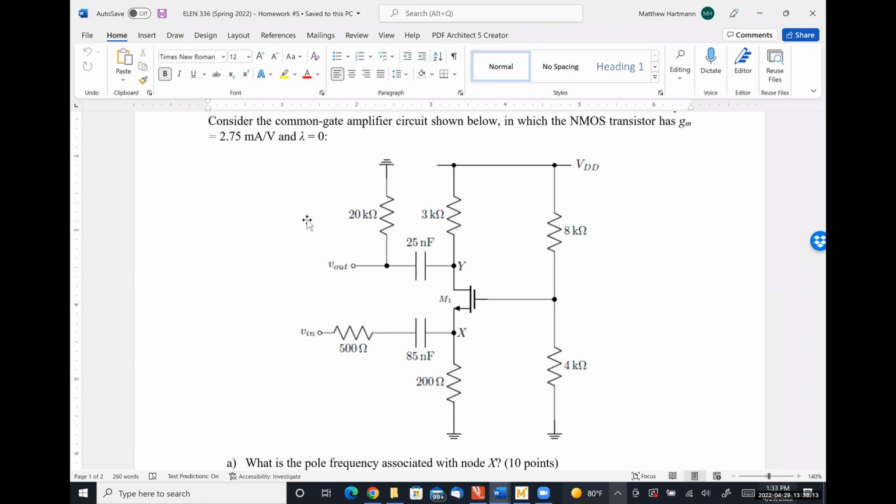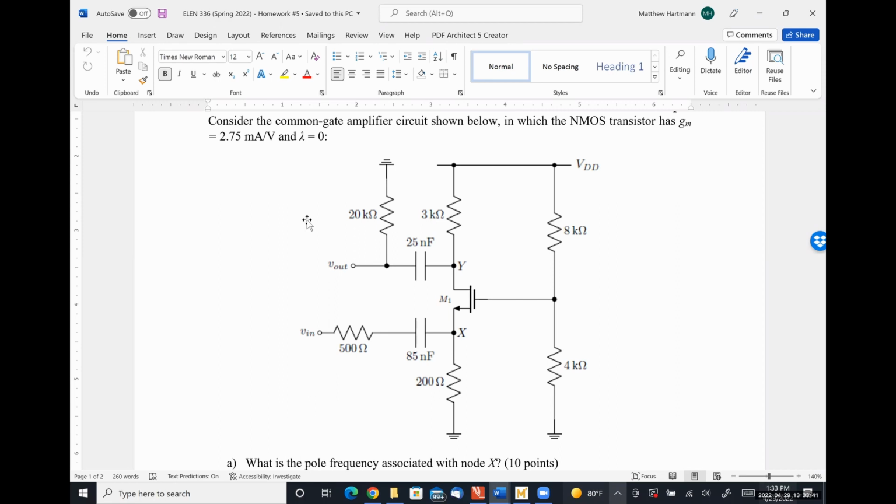Effectively, all I'm saying here, this capacitor sees 20 in series with 3 because these two ground nodes are tied together. 85 sees 500 in series with 200 in parallel with 1 over GM, because this ground node is tied to this ground node, which is tied to the ground node that we see looking up as well.